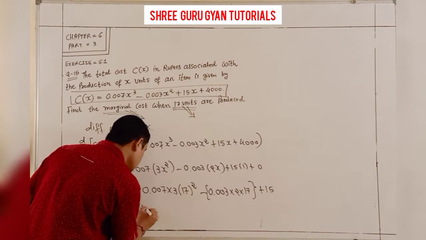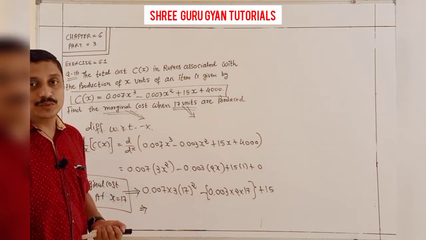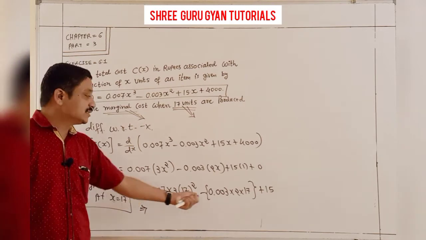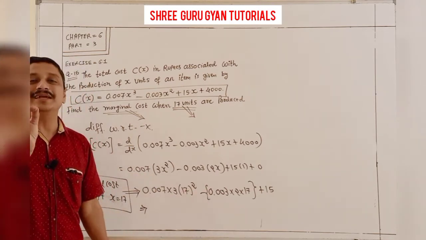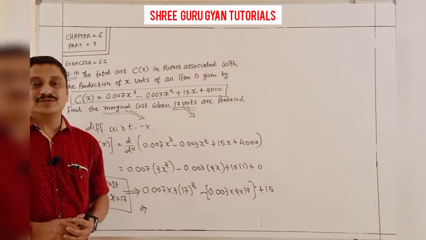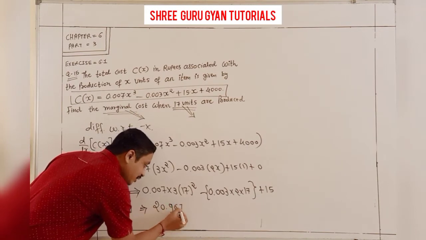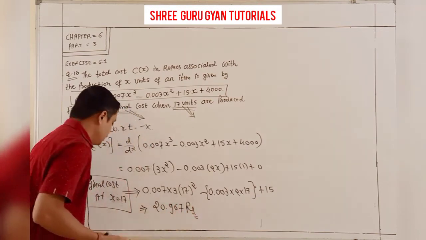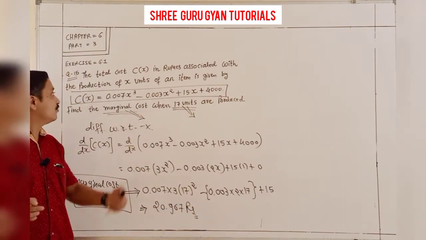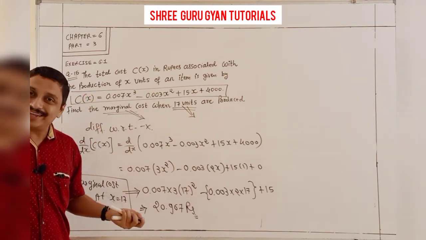Now students, we utilize a calculator. A simple calculator is allowed here, and you calculate and easily get the answer, which is 20.967 rupees. That's our marginal cost of the given C(x) at x equal to 17.